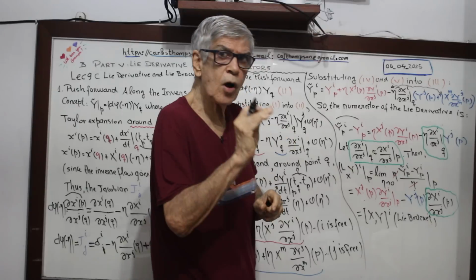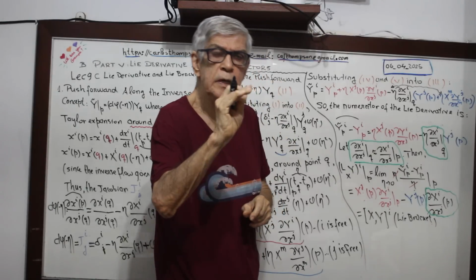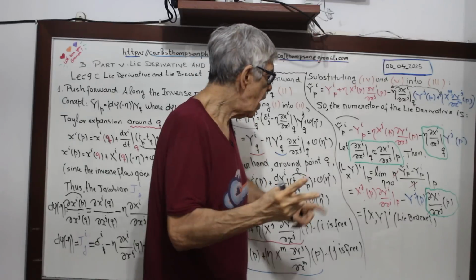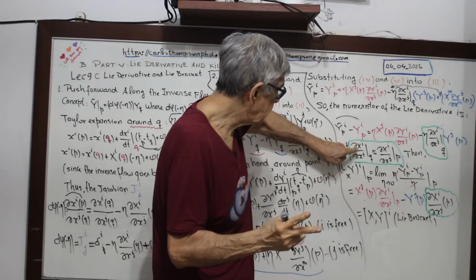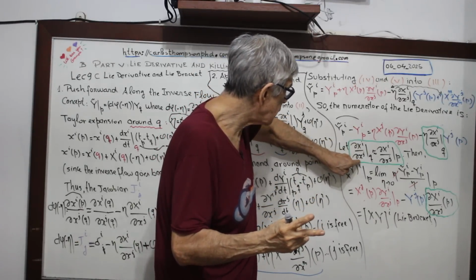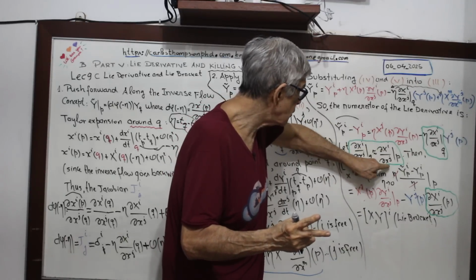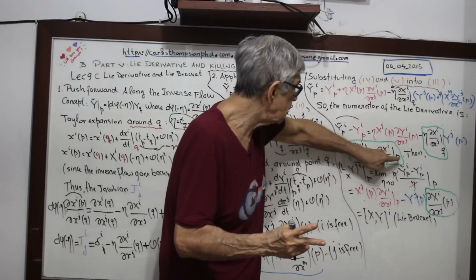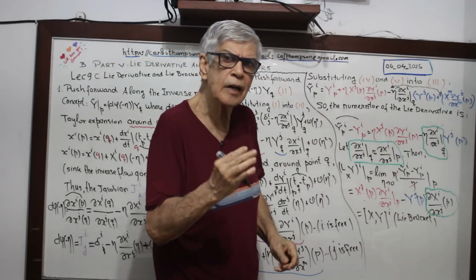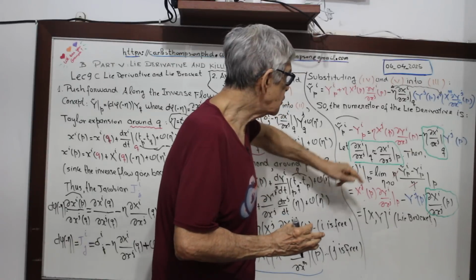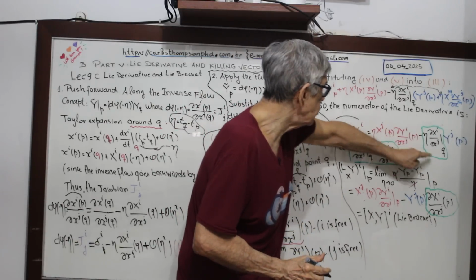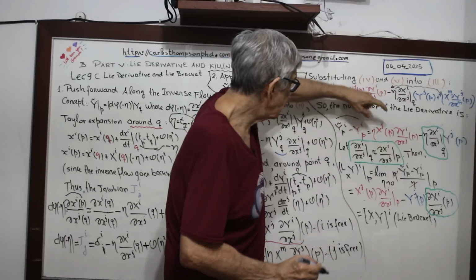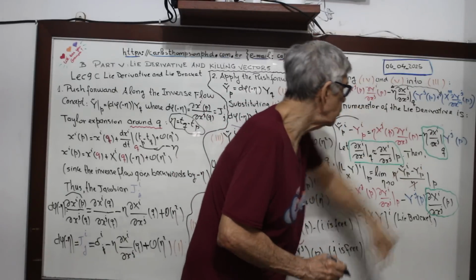Now, a very important relation: because q and p are a tiny distance apart, I can approximate partial xi with respect to xj at q by the same at p. You see, this is an approximation because the distance between q and p is tiny. So I can substitute the green one over here. So I have the red, the green, and the blue.